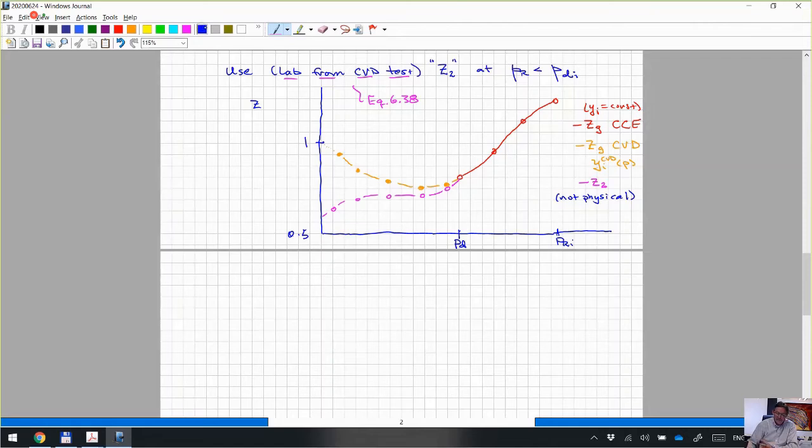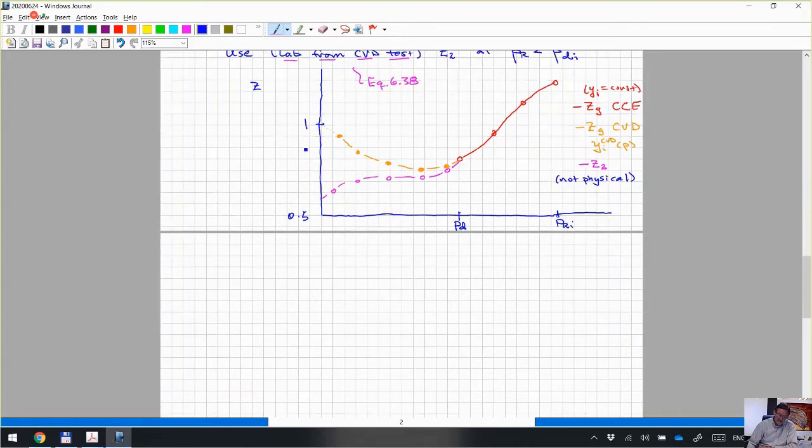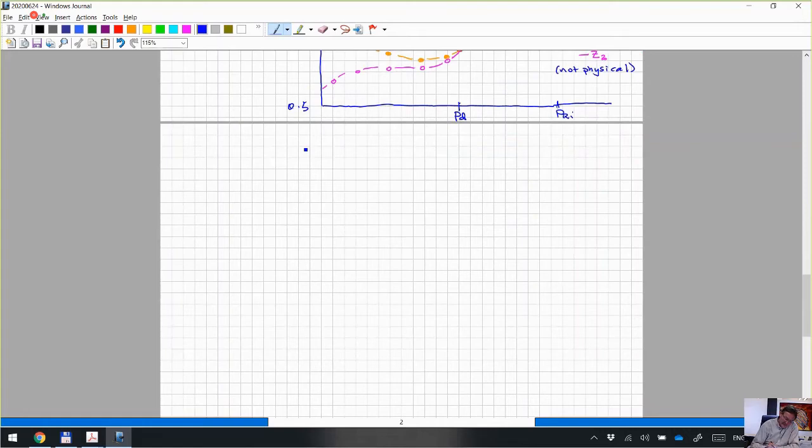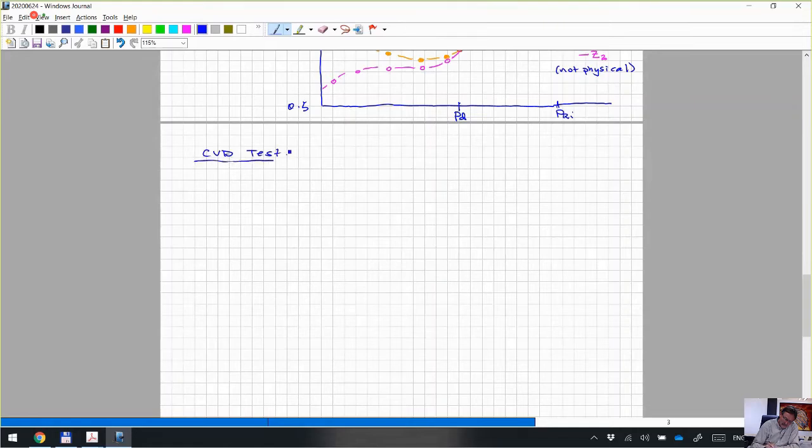I'm just going to tell you real quick how they come up with the two-phase Z factor, even though the equation's given there. I'll just tell you where it comes from, so it's not mystical. So in the CVD test, as a function of pressure, first pressure is the dew point, and then I'm going to call that P1, P2, P3, P4.